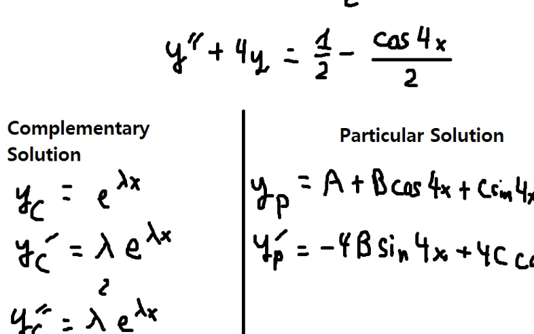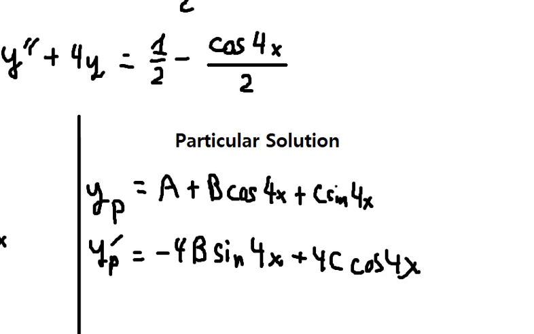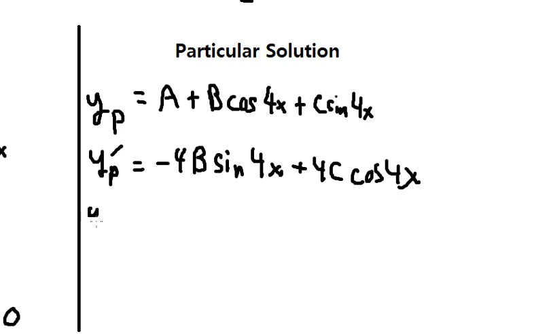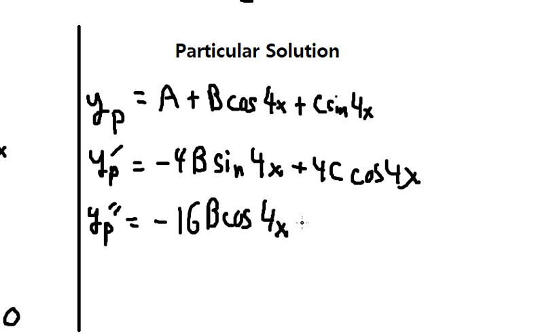And now the second derivative, we have negative 16b cosine 4s, and this one we have negative 16c sine 4s.